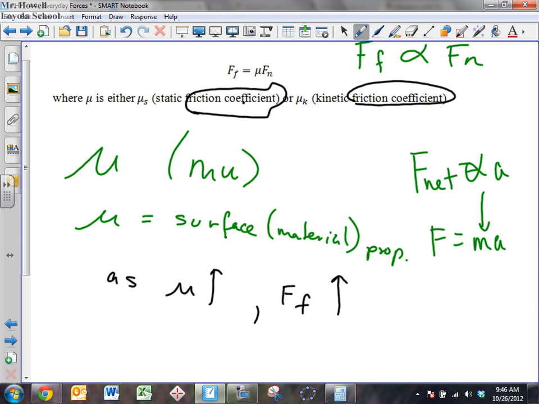Now, in your textbook, in section 4.4, there are some that are almost frictionless.